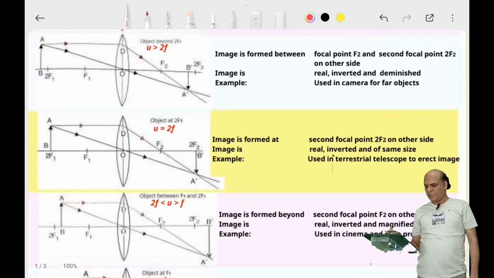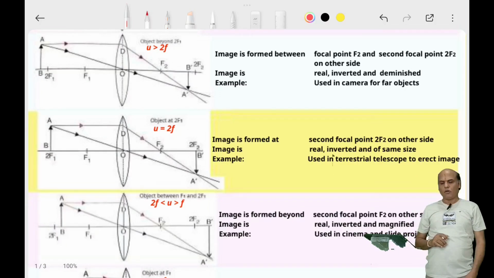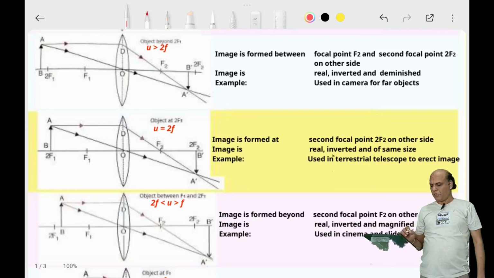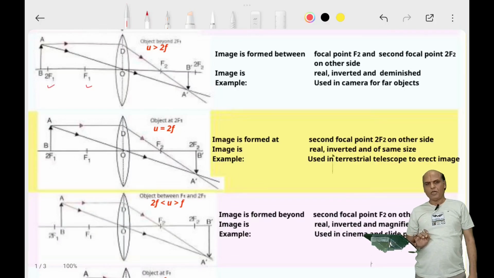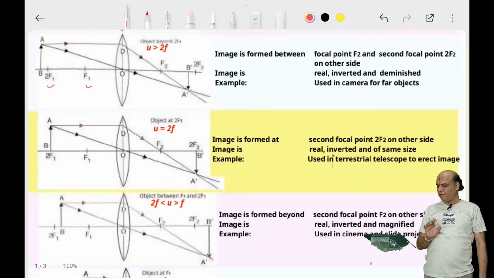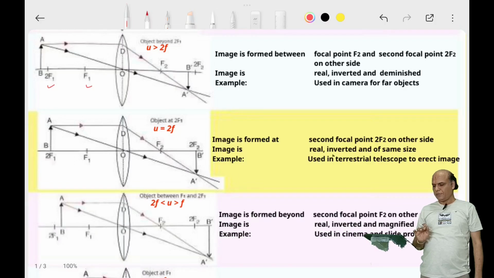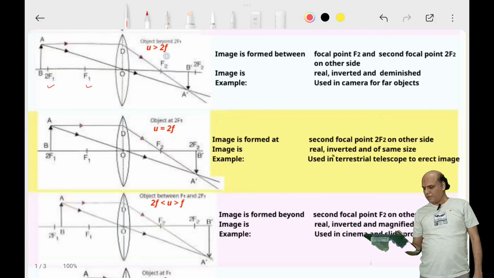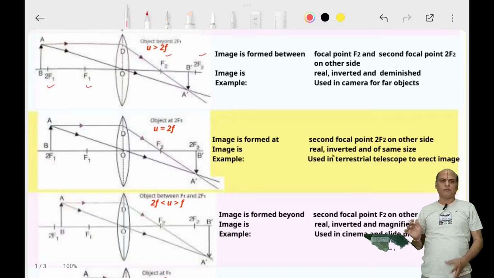Let's move on to the next scenario where the object is placed beyond the second focal point. On the left side, this is the first focal point and this is the second focal point. When an object is placed beyond the second focal point, an image is formed between f2 and 2f2 on the other side of the lens.